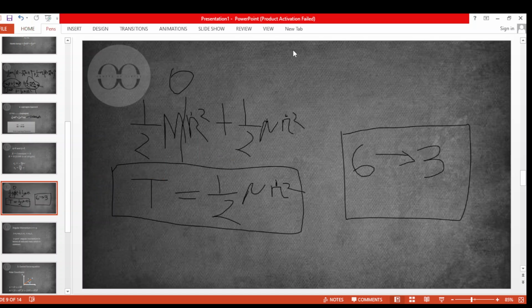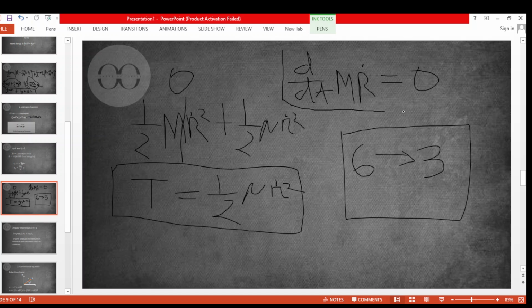R dot equals constant because d by dt of capital M times r dot equals 0.